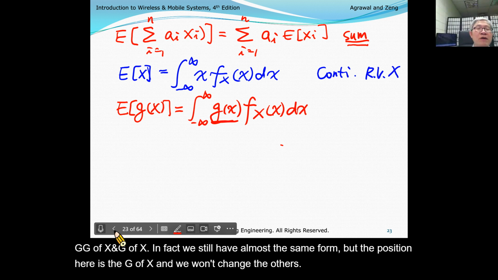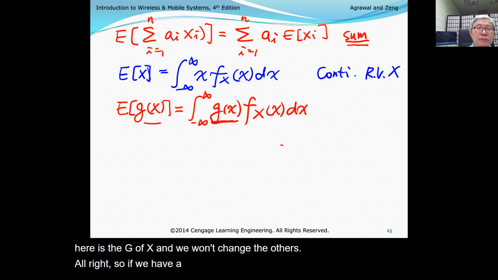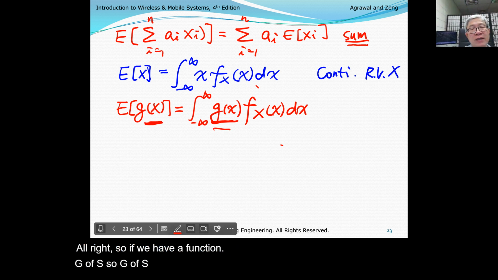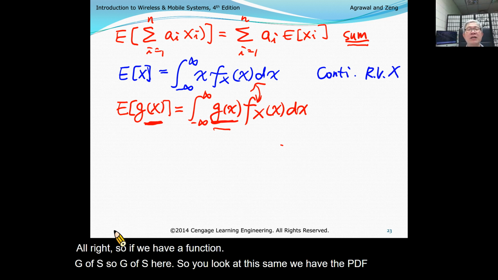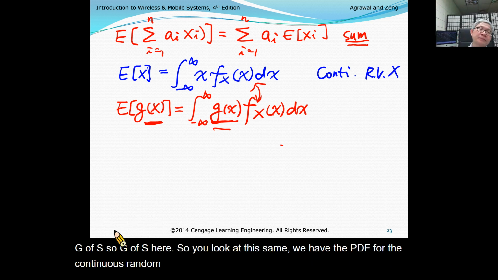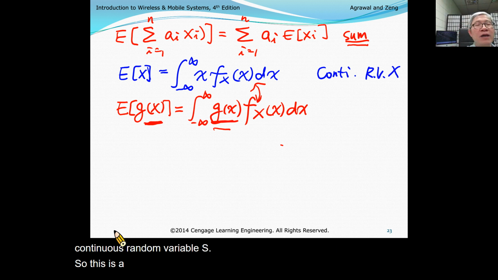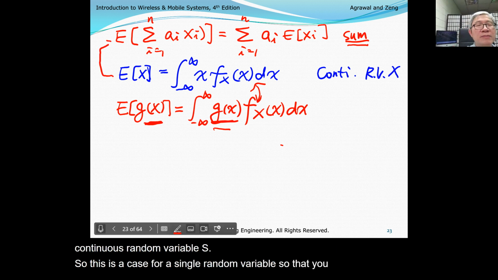So if we have a function g of x, look at these. Same, we have the PDF for the continuous random variable x. So this is the case for a single random variable, so that you have the expectation.